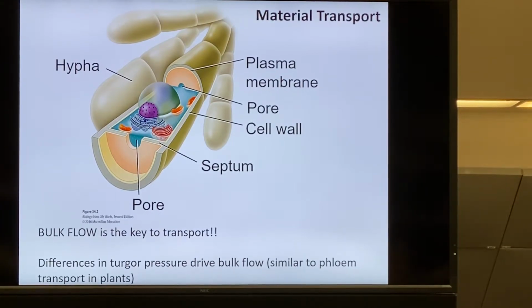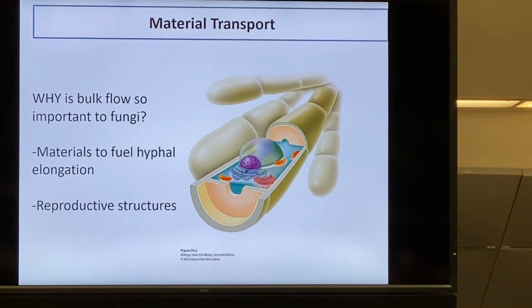I have a follow-up question for you, but I'm going to hold on to another slide. Okay, so bulk flow, we sort of talked about this essentially right now. So why is it so important to fungi?